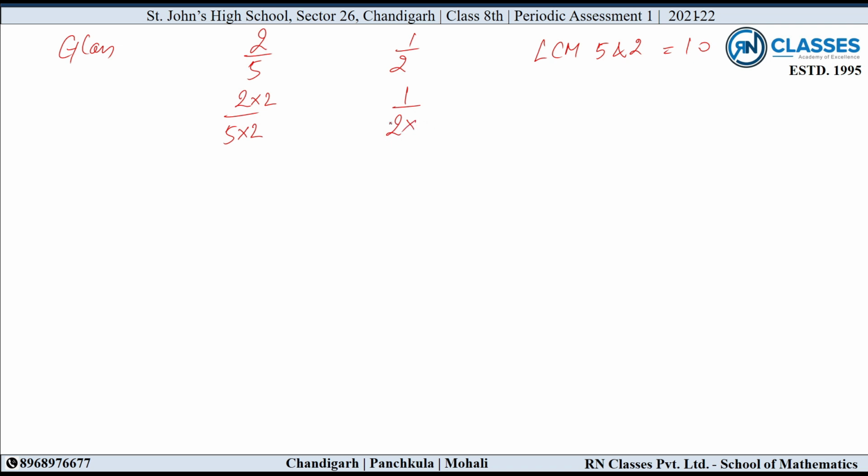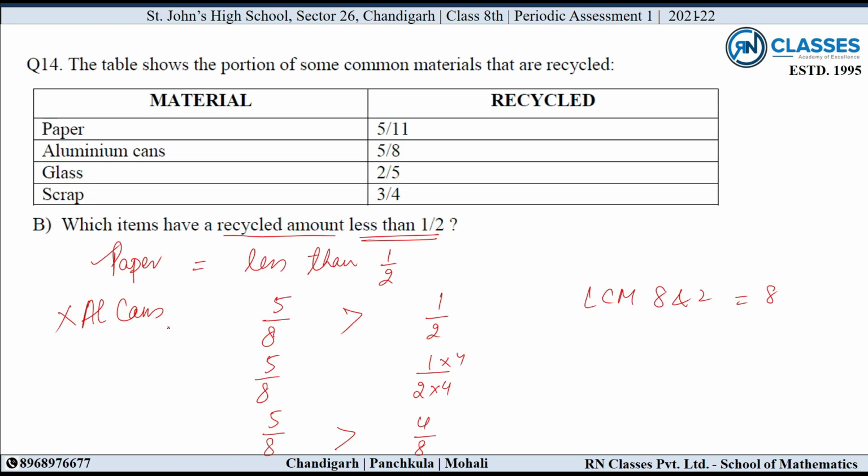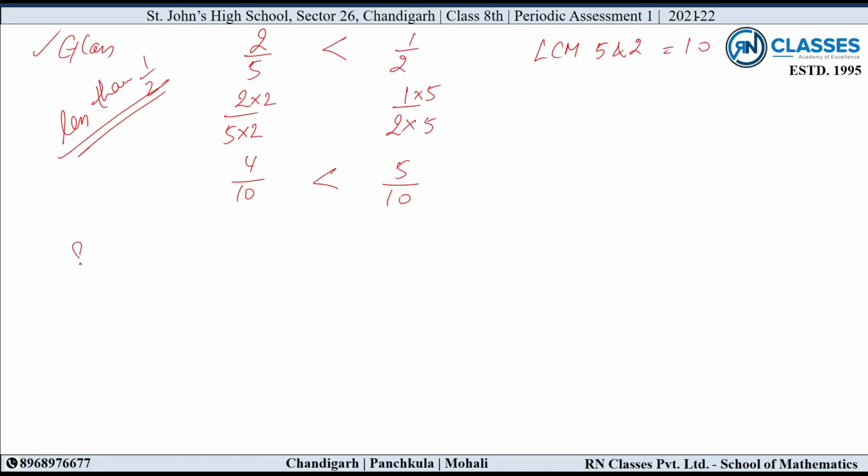Now you have to make denominator 10, so multiply it with 5, multiply numerator with 5. So this would be 4 by 10 and this would be 5 by 10. Now tell me, 5 by 10 is greater than 4 by 10? Yes. Okay, so 1 by 2 is greater than 2 by 5, means glass less than half. So we got it. Glass is another one. One was paper, next one was glass. Okay, last one, scrap. We'll do that also.